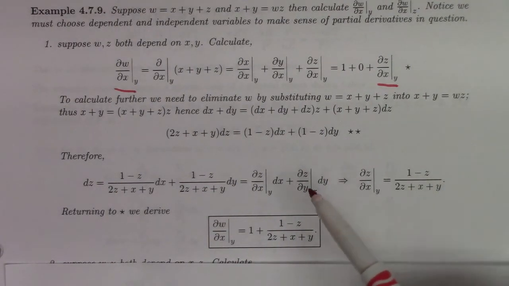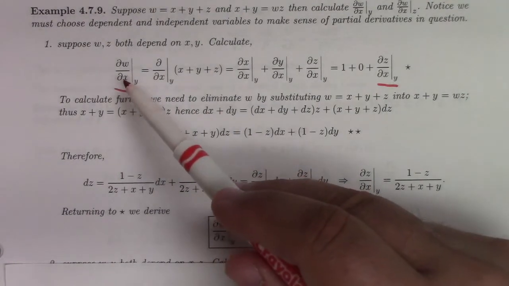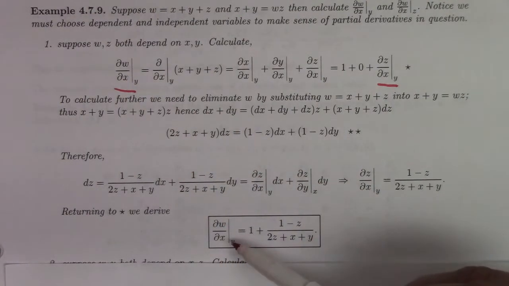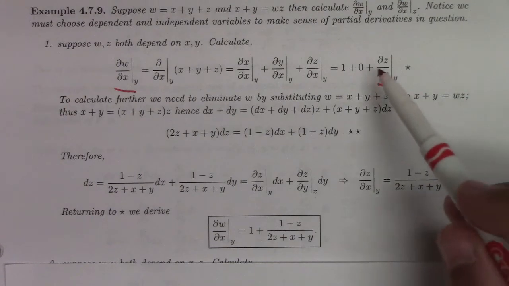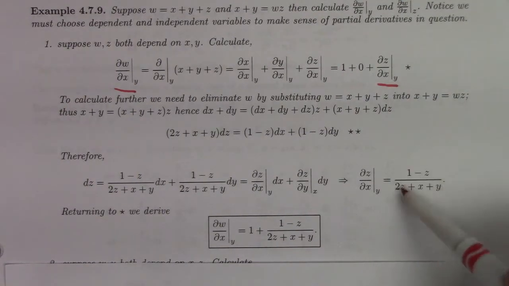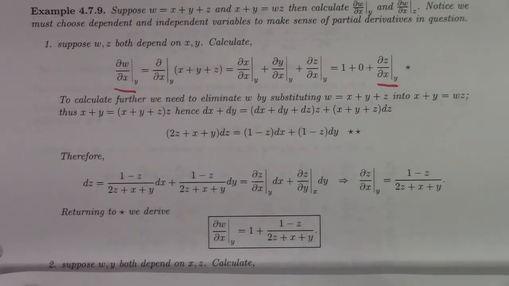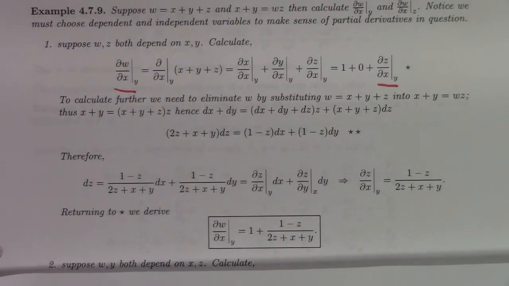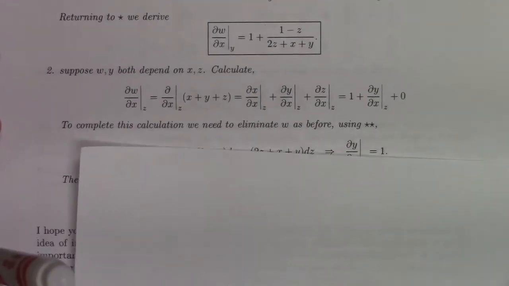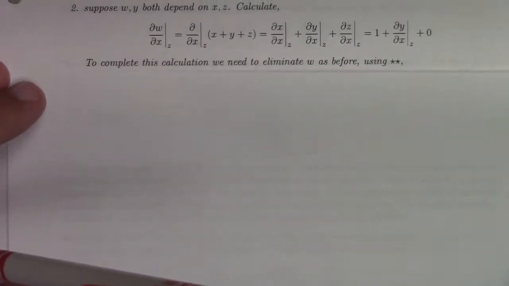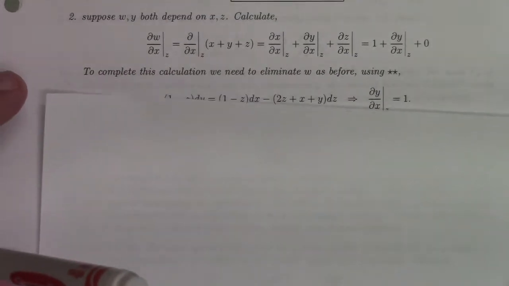But then to get back to what I wanted, which was partial w partial x holding y fixed, I take 1 plus this, which gave me that. Great. Bottom line is these ones that have two equations, it's kind of like two equations and two unknowns with some calculus mixed in.